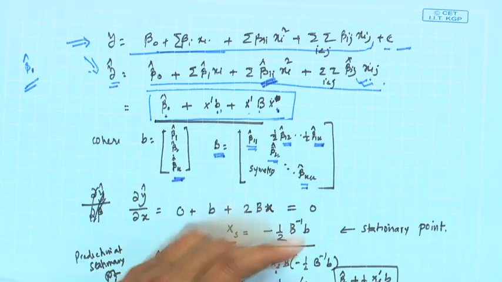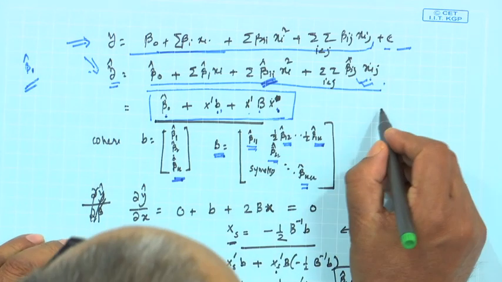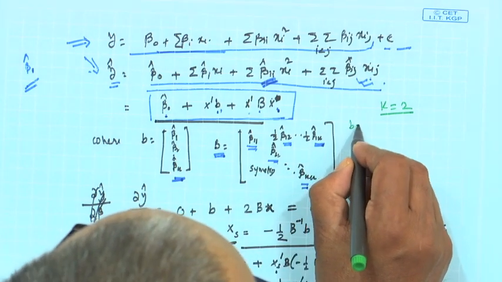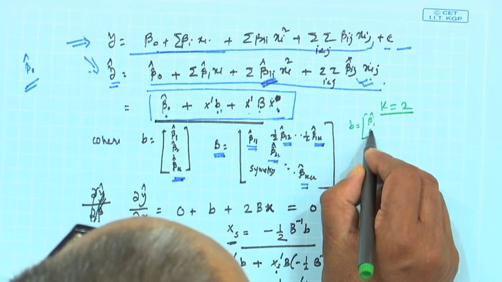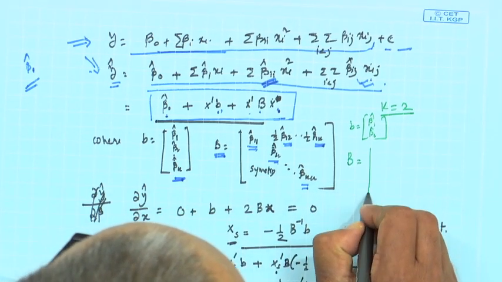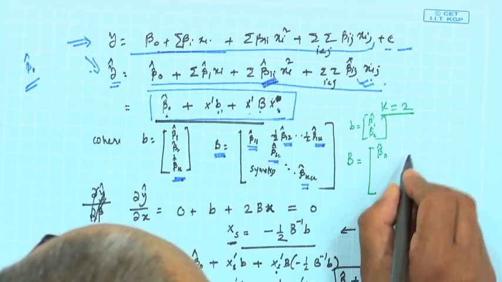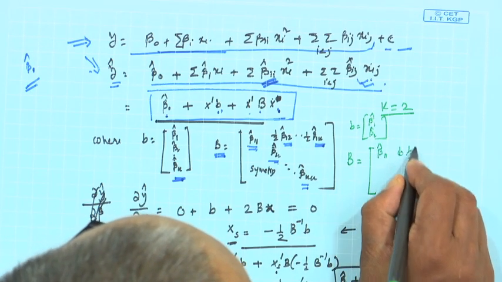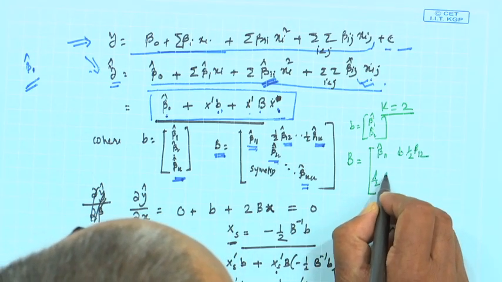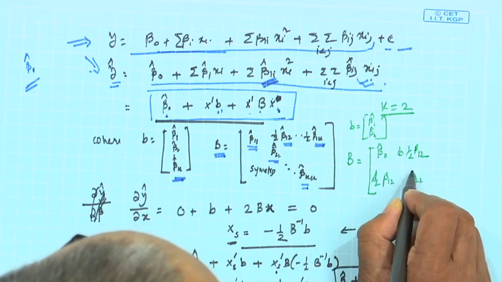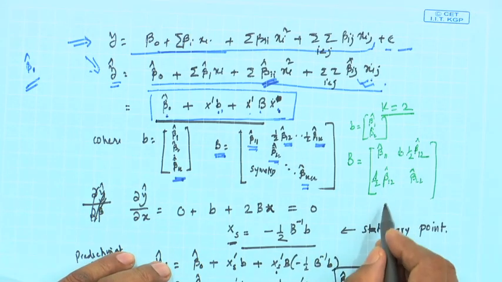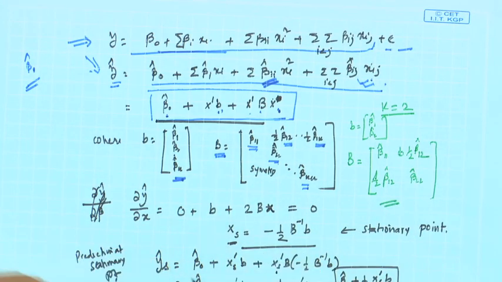Now if we consider k equal to 2, then your b equal to beta 1 cap and beta 2 cap, and your capital B equal to beta 1 1, then half of beta 1 2, and then here again half of beta 1 2 and beta 2 2 cap, here all cap. Okay, so this is what capital B is.